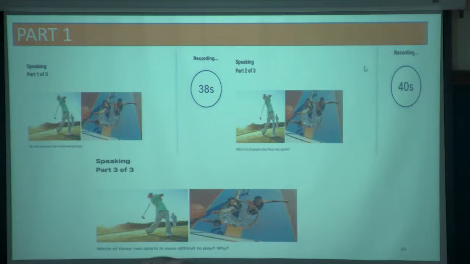Tackle the ones that you can tackle. For example, this is a one-man game, that is a team game. Second, what other features? They are both outdoor sports. And for these 2 pictures, they all have competitions at national and international levels.